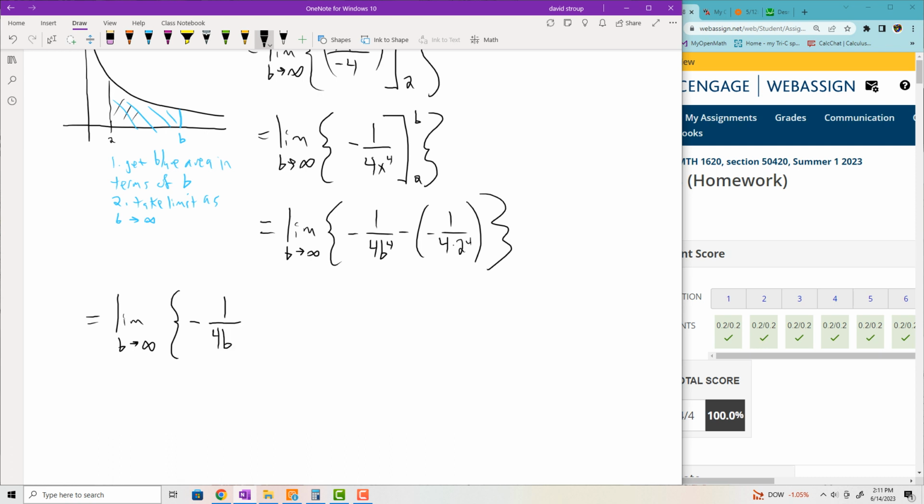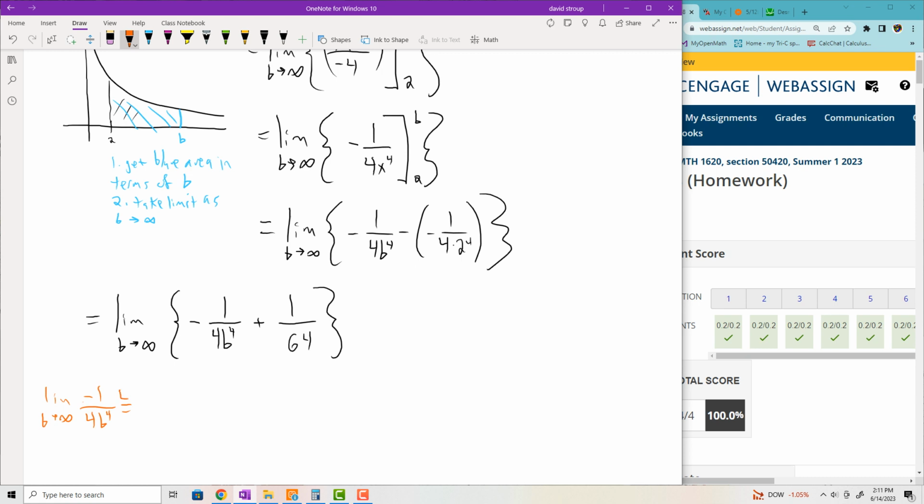So we have negative 1 over 4b to the fourth, and then plus 1 all over 4 times 2 to the fourth, I think that's 64. Okay, and then you can kind of look at these limits individually. This first limit, in your margin, you can kind of ask, all right, what is the limit as b goes to infinity of negative 1 all over 4b to the fourth?